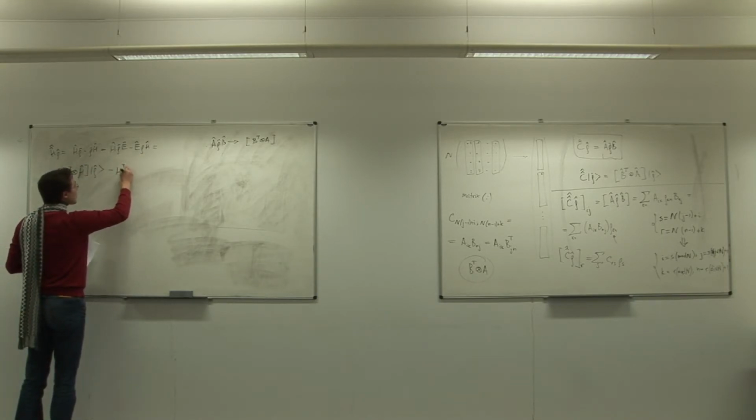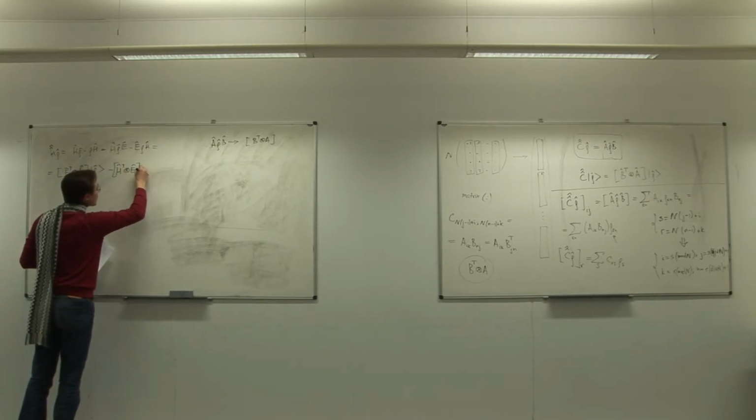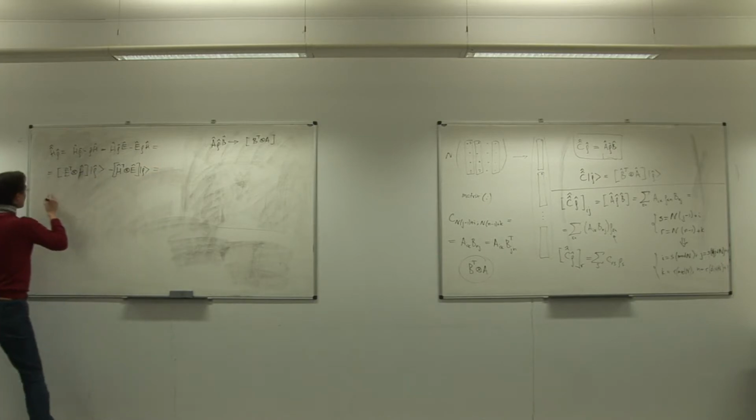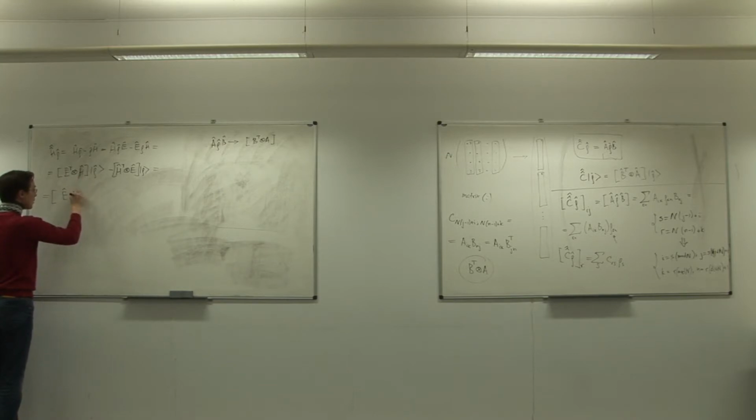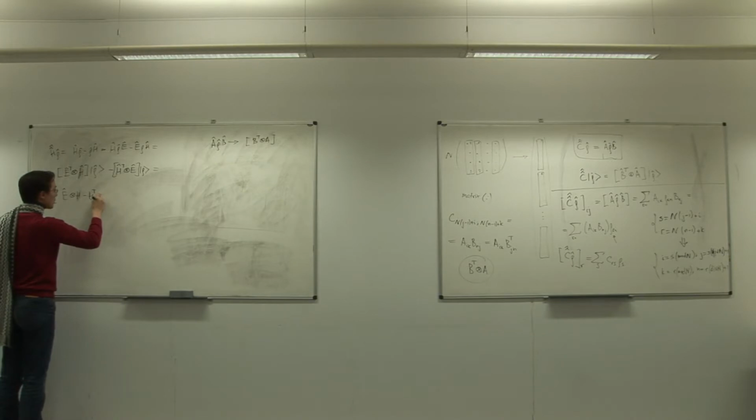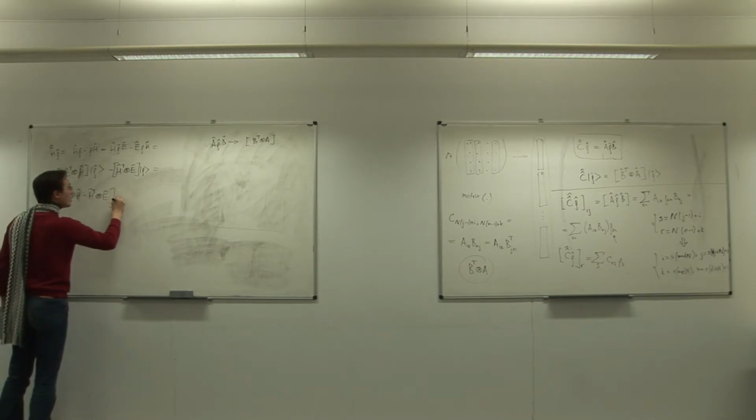H transpose cross the identity acting on rho, and that finally, because the transpose of a unit operator is equal to unit operator, is E cross H minus H transpose cross E acting on rho.